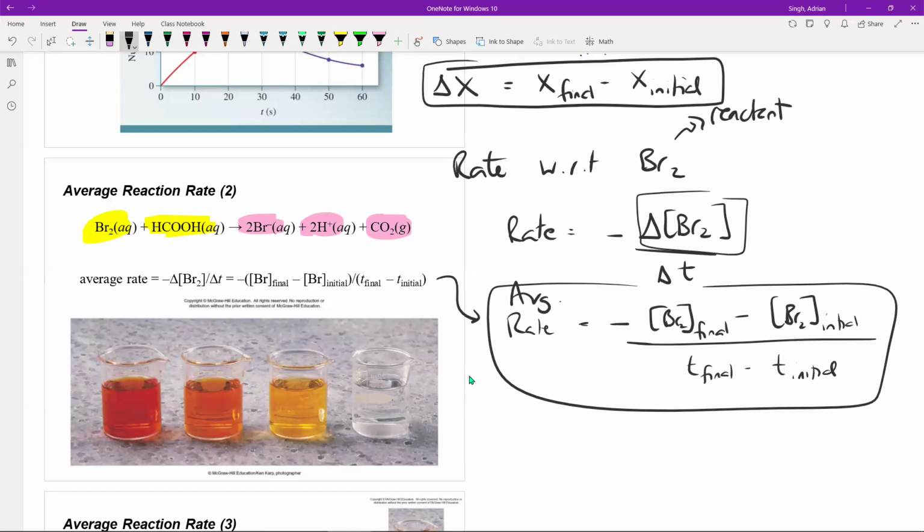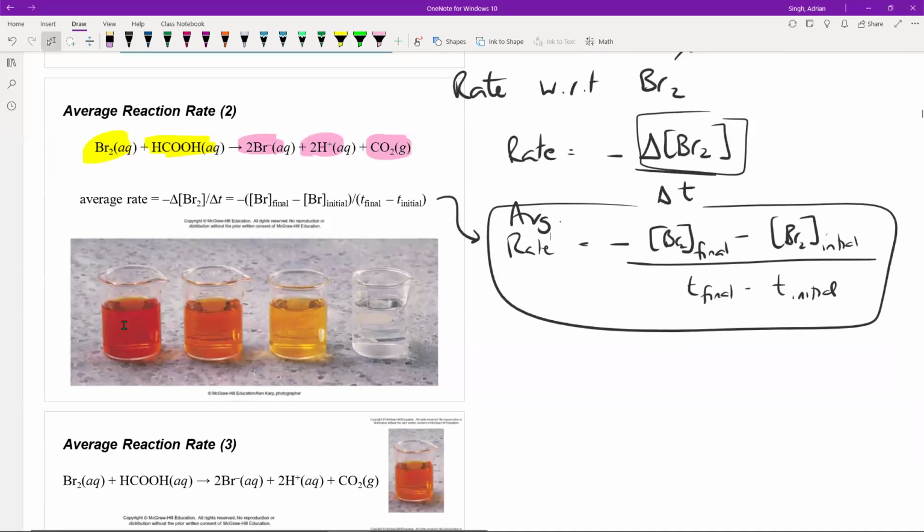And in this particular reaction, as you may know, bromine has a brownish color associated with it. So it starts off very brown. And then as time passes, going from left to right, the color fades because the bromine is being used up. And if there's less bromine, guess what?